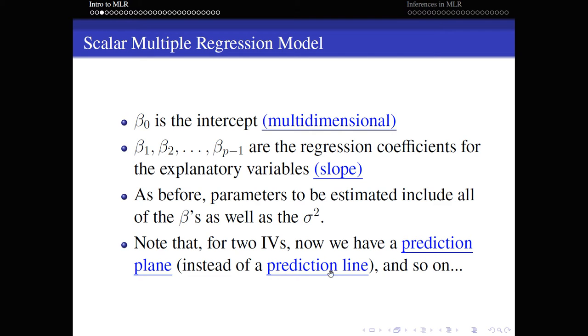Now, if we have 3 independent variables, then we're in a 4-dimensional space, a hypercube, and we're graphing these hyperplanes onto the 4-dimensional space. As this goes up, these become more and more difficult to see. I'd say 2 independent variables is probably the last one that we can see. We can create 3-dimensional prediction planes in R if we wanted to.